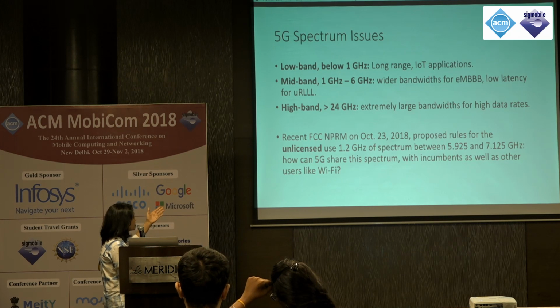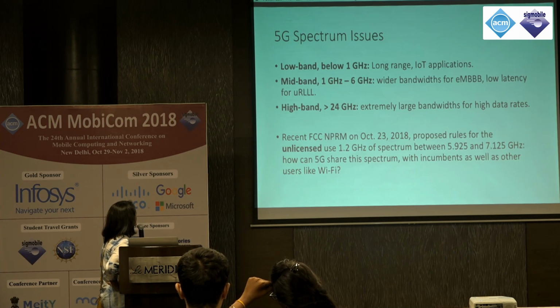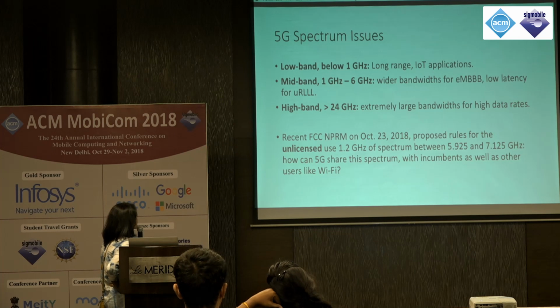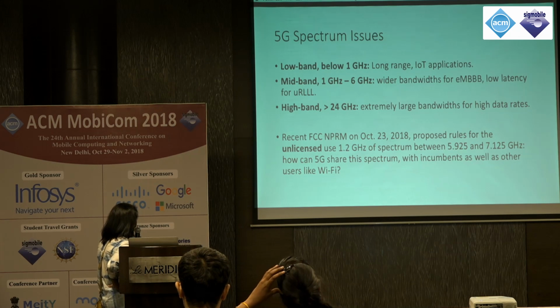There is the 3.5 gigahertz in there, which is the CBRS band in the US, which people can be using for 5G deployment. But the really new spectrum is coming at the high band, which is greater than 24 gigahertz, where you're really going to get the extremely large bandwidths for high data rates.